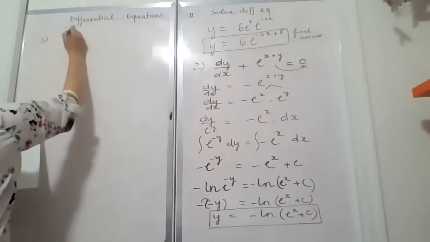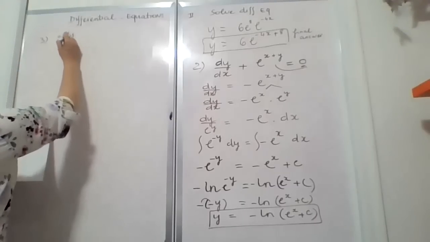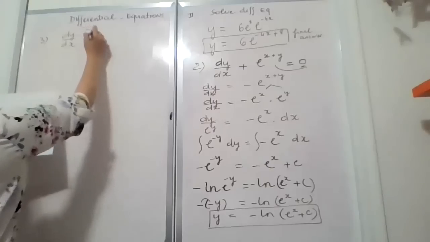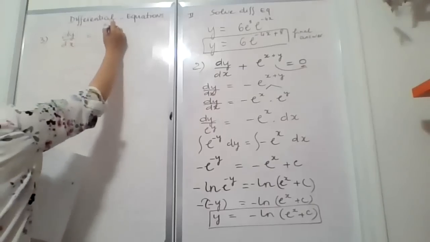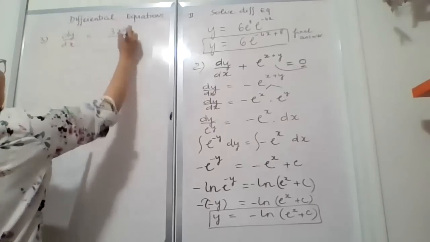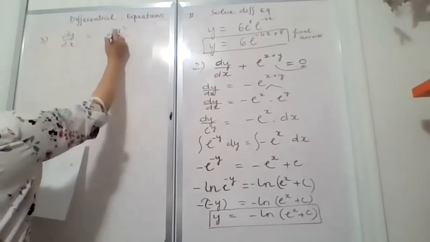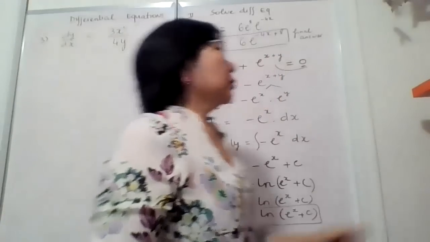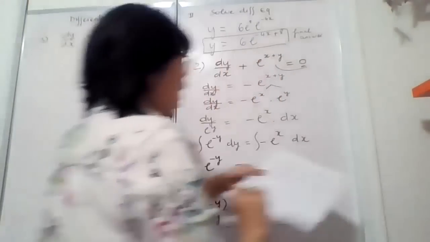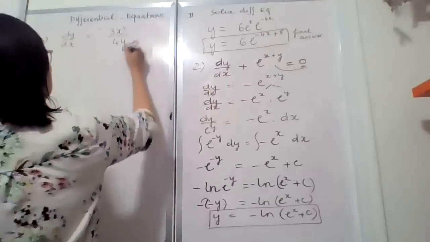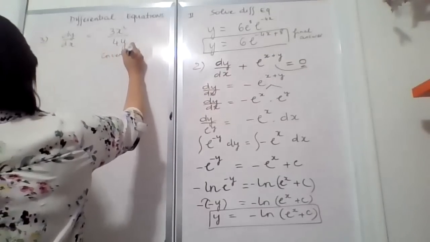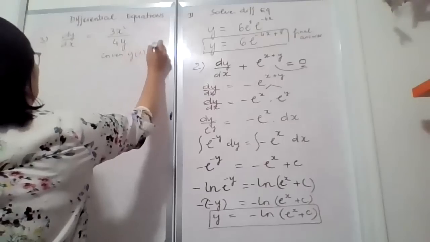So we have dy over dx, still a little bit interesting, equal 3x squared over 4y. How are we going to solve this equation? And one more, this time, given information, given y of 1 equal to.